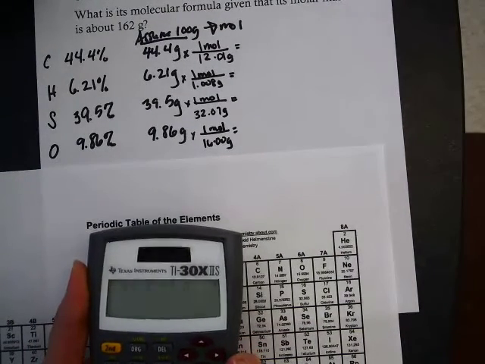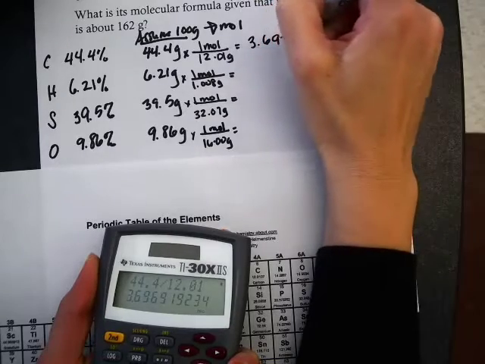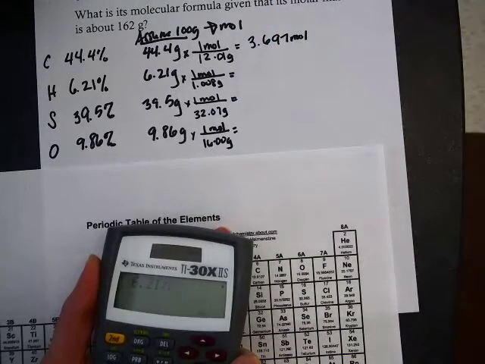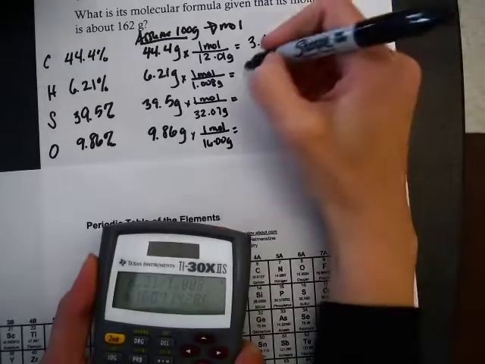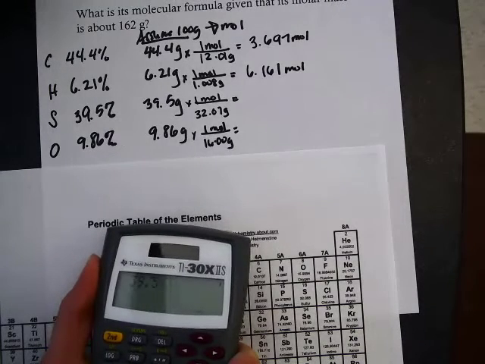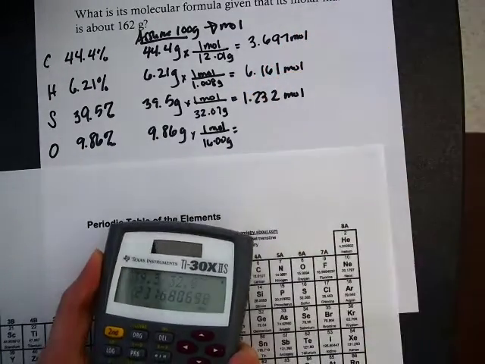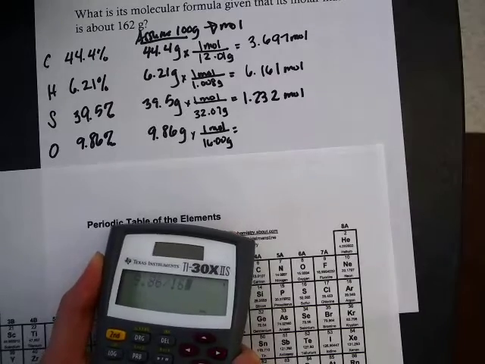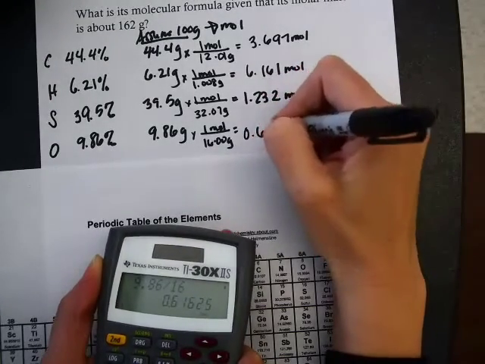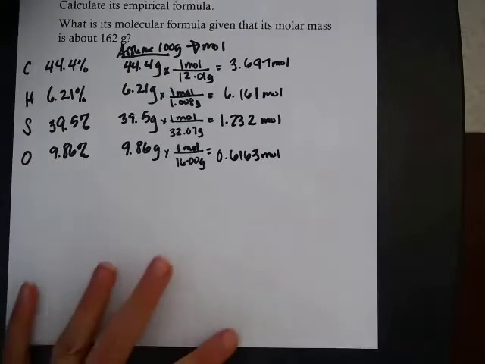All right, so now I'm going to just take each of the masses and divide by all the molar masses. Okay, so this is the actual number of moles out of 100 grams.